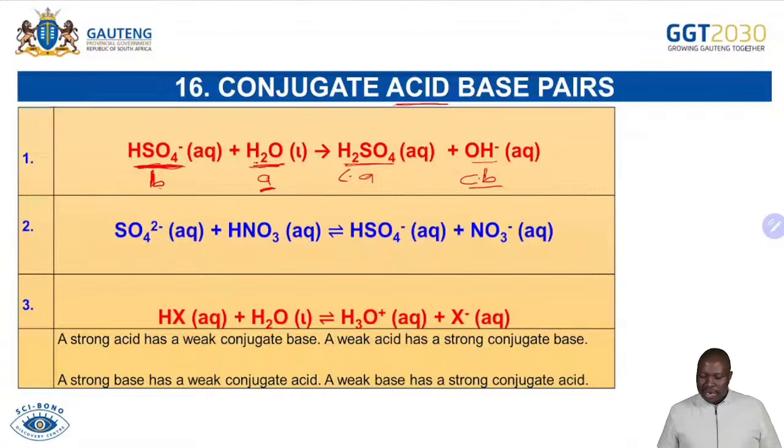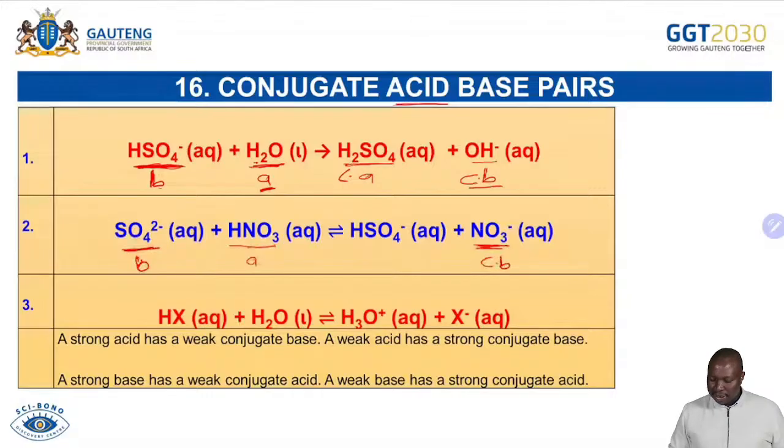And then if you look at number B, you have SO4 2 minus and nitric acid. Nitric acid, you know, is an acid, which makes SO4 2 minus a base. So you look now, HNO3 and NO3 minus. This is a look-alike of HNO3, but it's running short of a hydrogen ion, so we call it a conjugate base.